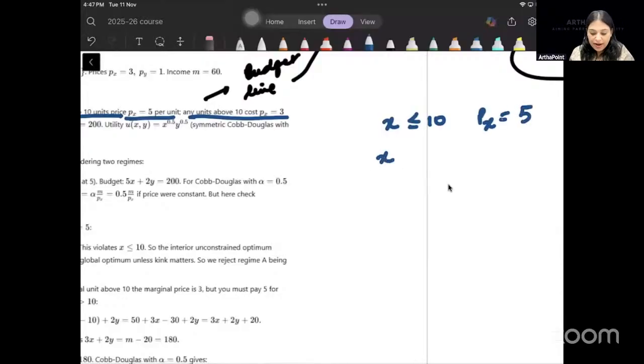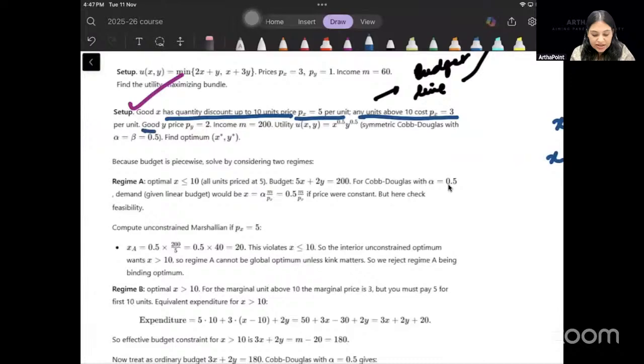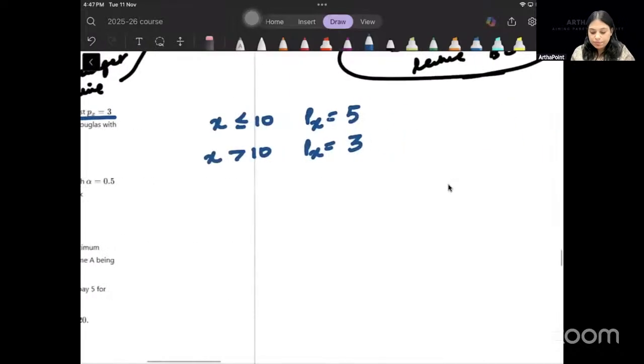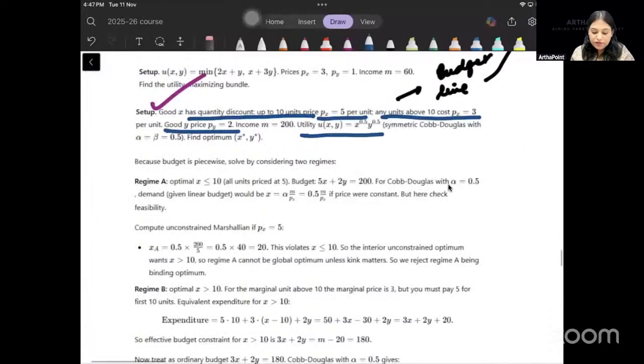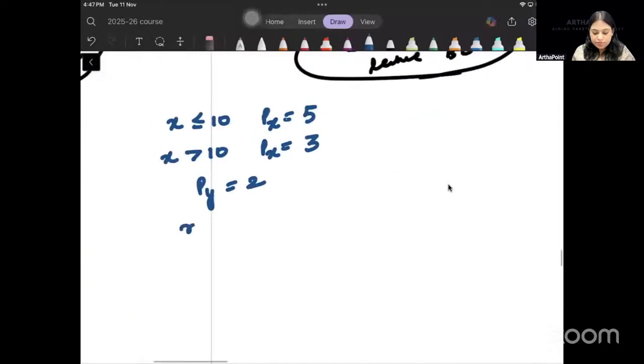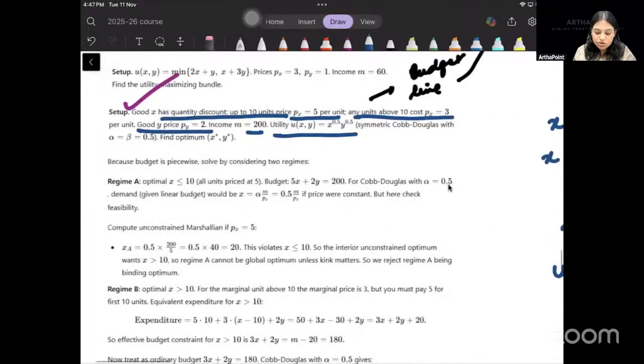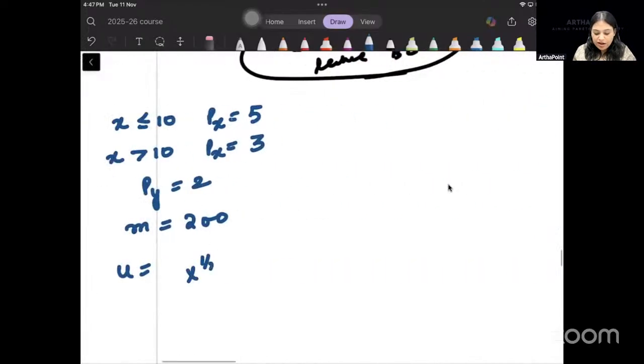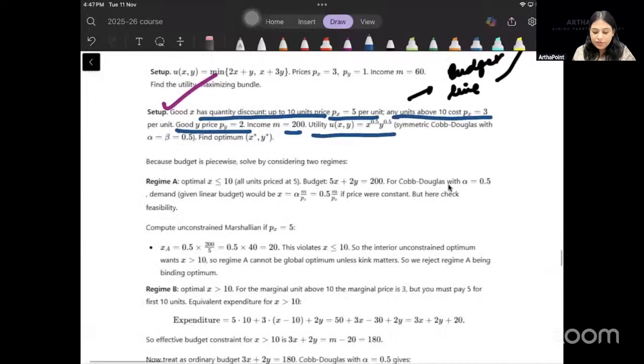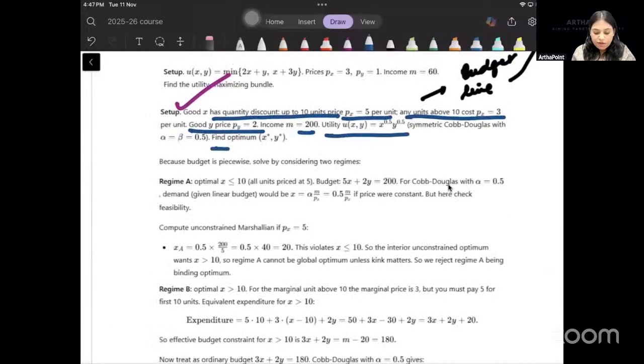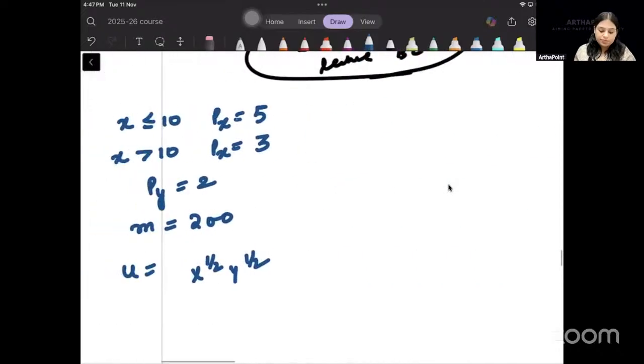And if you buy X above 10 units, the price of good X becomes 3. Okay. Price of good Y is 2. And you are given income as 200. And you are given a utility function which is X to the power half and Y to the power half. The question is asking, find X star and Y star.